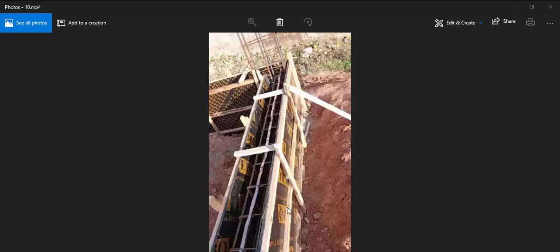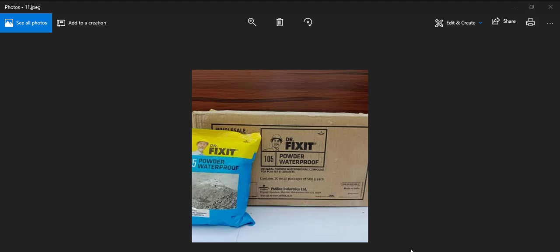So, if it comes to the mixture, what do you do? There's this, either you get a waterproofing powder, there's a waterproofing cement, but what I normally use is this Dr. Fix It. And there, if you read through, the mixture is one pack of this, I think, 500 gram.